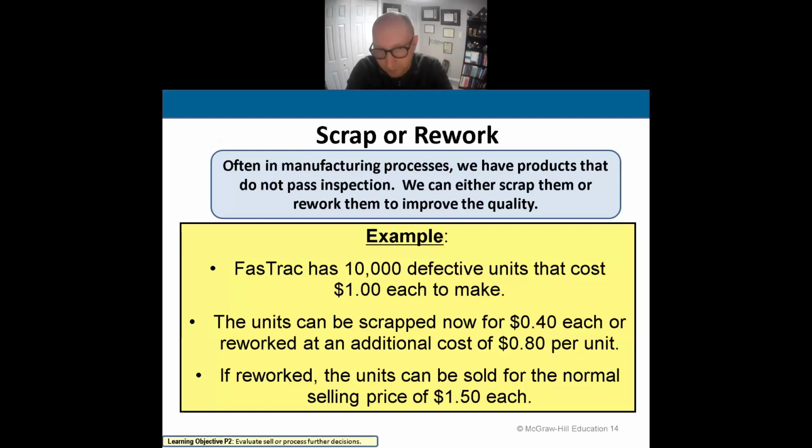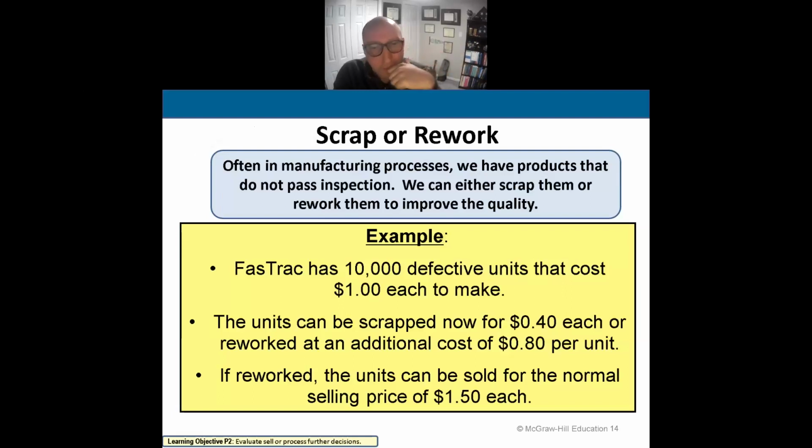Now look at this data, okay? It originally cost you $1 to make the 10,000 units. If I scrap it, I get 40 cents a unit. So that's a loss, obviously, of 60 cents on each unit.